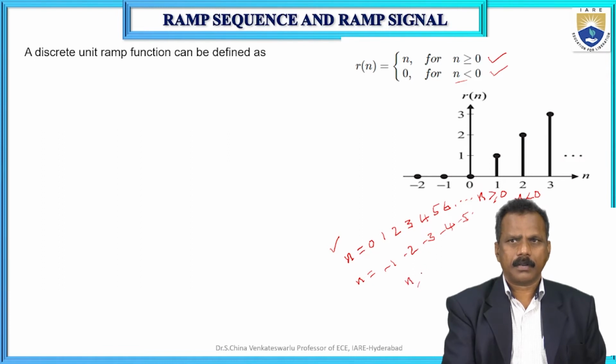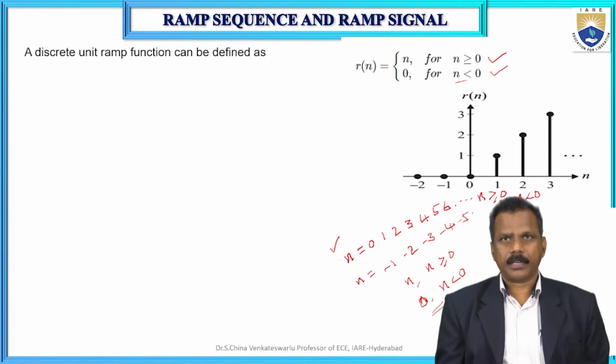For n greater than or equal to 0, r of n equals n, and for n less than 0, it is 0. Writing this mathematical expression graphically, you can see that the discrete unit ramp function is defined using this sequence.